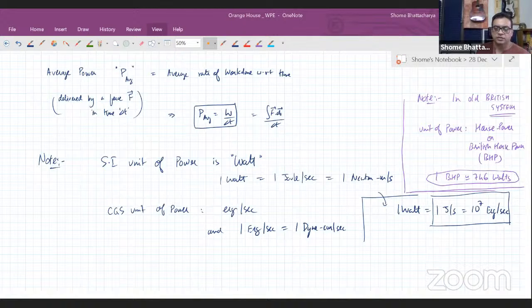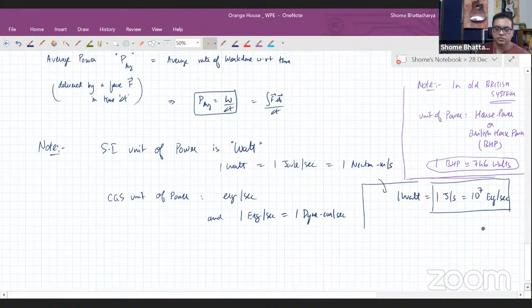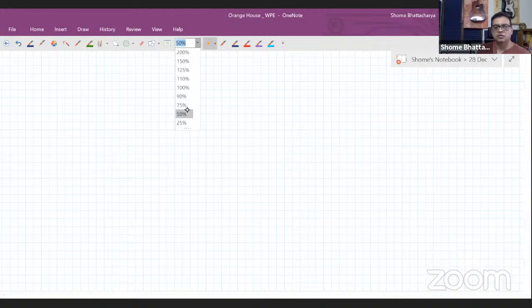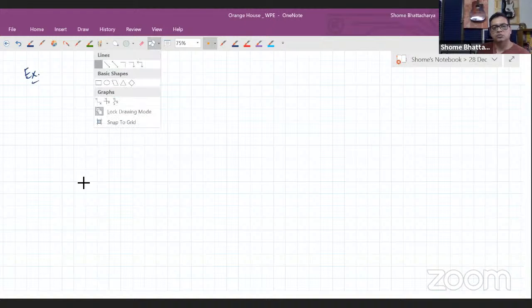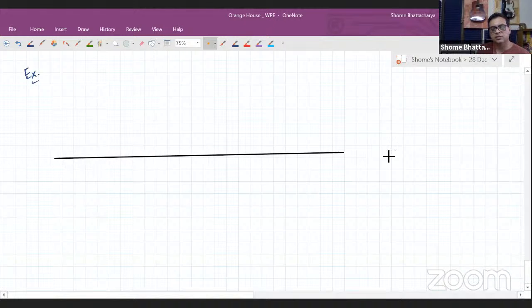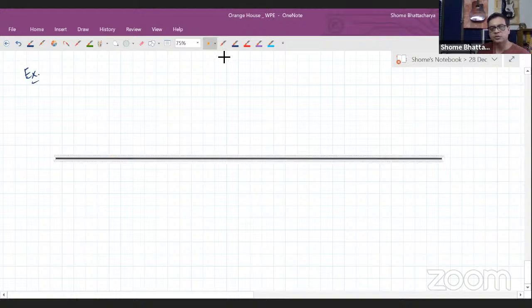Okay, so let's look at a very basic question to start with. We're looking at a projectile fired from the ground level.